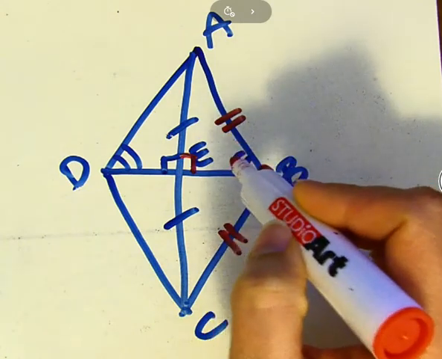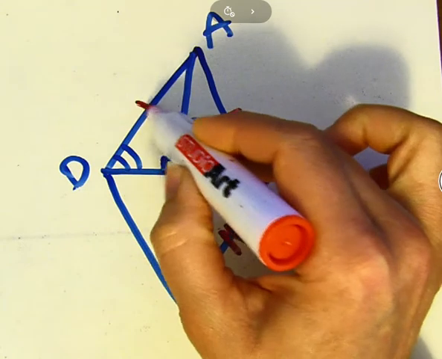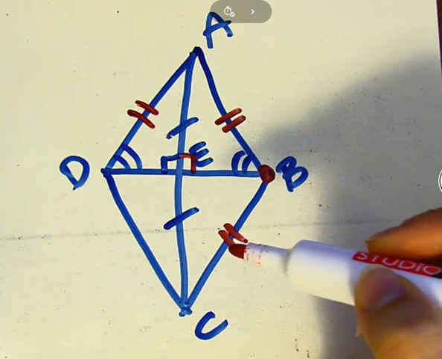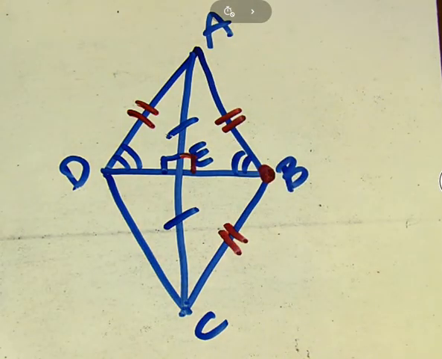So since these two triangles are congruent, then by CPCTC, AD must be congruent to its corresponding side AB.